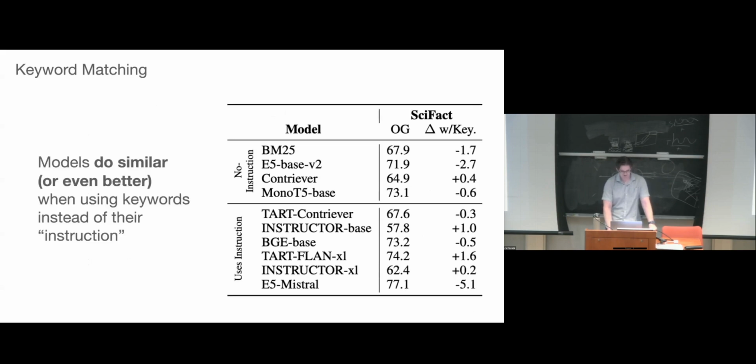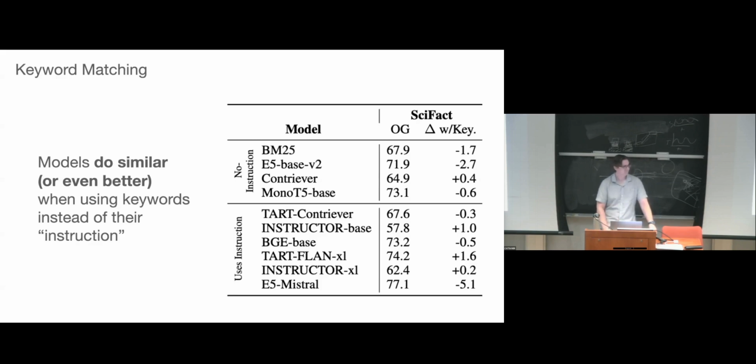If you do this, you can see that the models actually do similar or even better when using just a one-word keyword instead of an instruction. The exception is E5 Mistral at the bottom, which has a pretty strong negative effect. But overall, they're plus or minus 1 point, and they're really just using this instruction as a keyword for the data set instead of actually using it as an instruction.